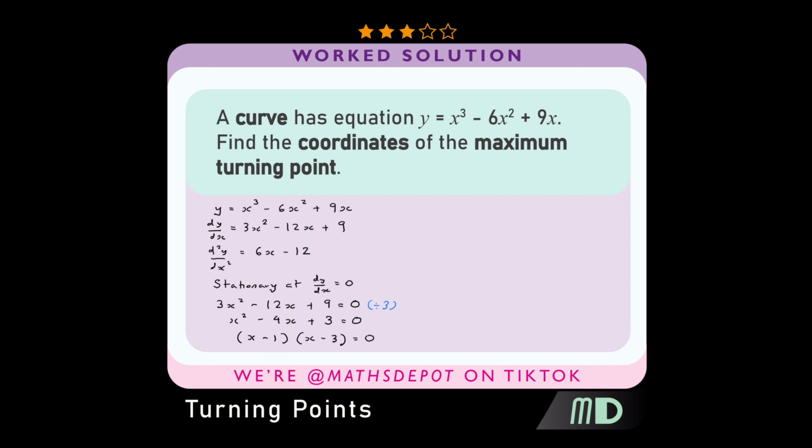By setting each bracket to 0, we can solve to find the values of x. If x minus 1 is equal to 0, then x is equal to 1. And if x minus 3 is equal to 0, then x is equal to 3.